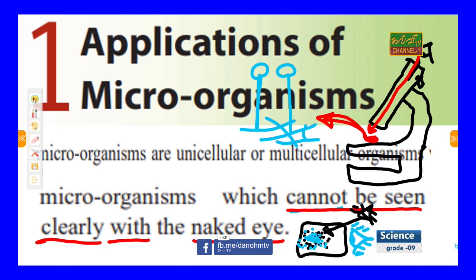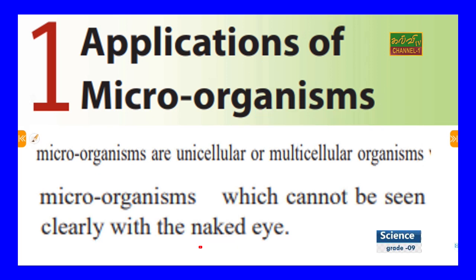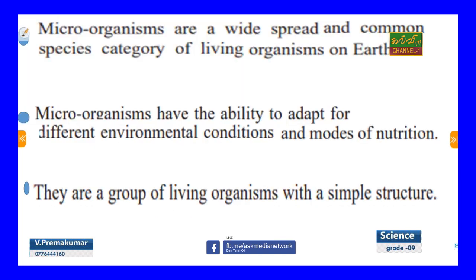So, microorganisms are unicellular or multicellular organisms which can't be seen clearly with the naked eye, right? Okay, the next one: microorganisms are widespread and a common species category of living organism on earth.